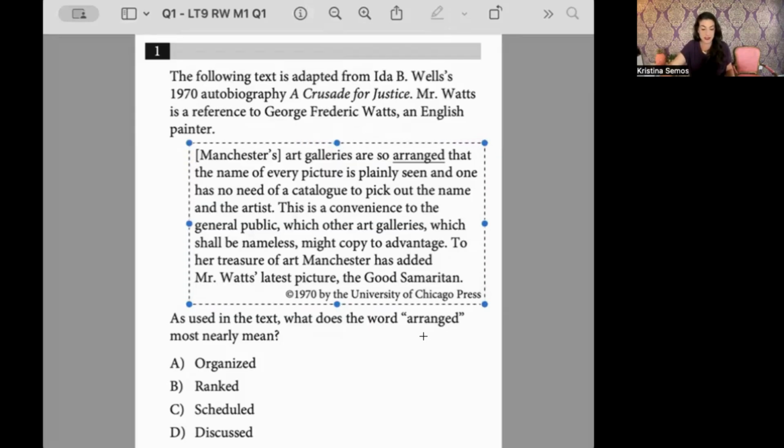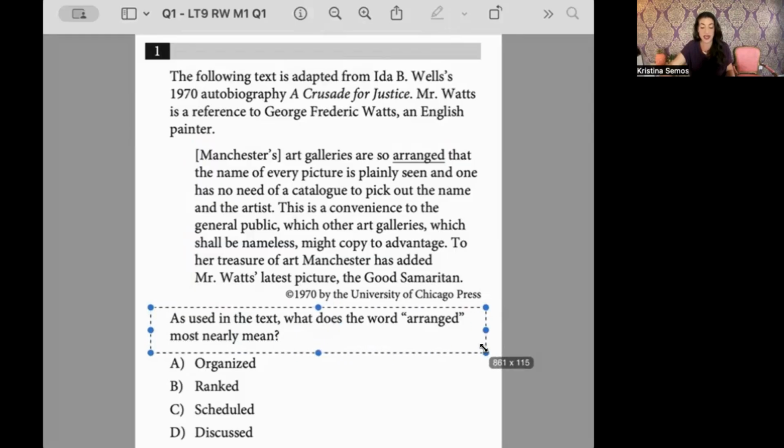This is a convenience to the general public, which other art galleries, which shall be nameless, might copy to advantage. To her treasure of art, Manchester has added Mr. Watts's latest picture, The Good Samaritan. And then it asks, as used in the text, what does the word arranged most nearly mean?